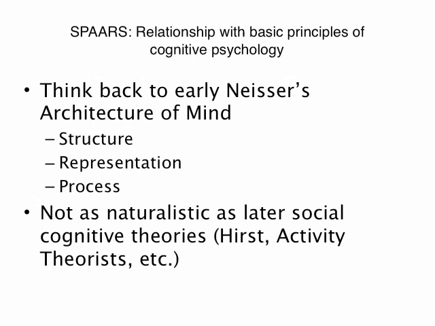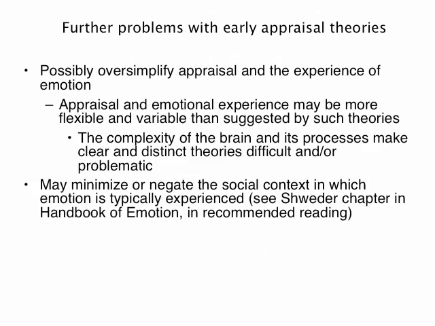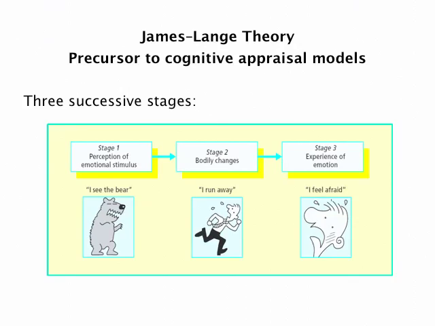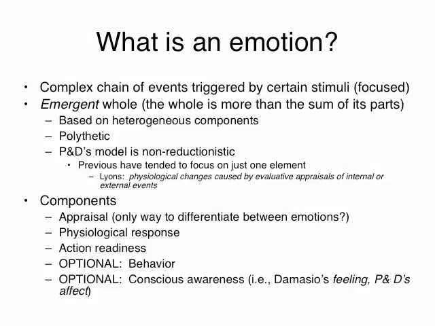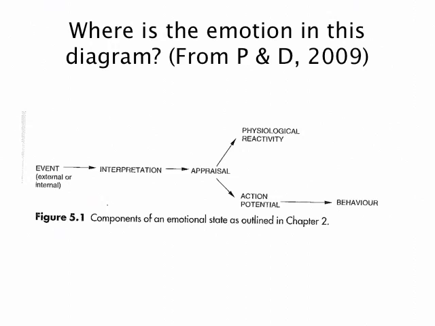And remember when I was saying on an earlier slide that depending on where you circled, where would you circle where the emotion is? I said, where would you draw the circle around the emotion? And I gave as an example, it depends on your theoretical viewpoint.